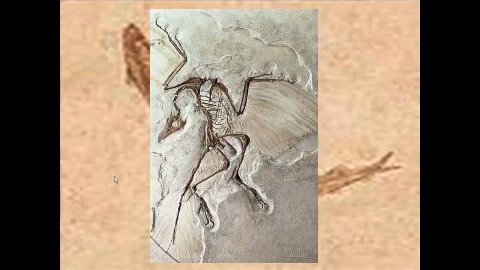So based on the skeleton, it resembled a reptile, or carnivorous dinosaur, and based on the feathers, you're seeing this transition. When you look at birds now, all birds have a common ancestor of a specific dinosaur, a reptile. Birds evolved from reptiles. Okay? Look at its tail. It's scary.